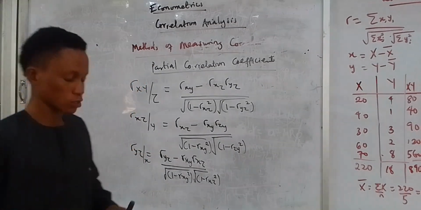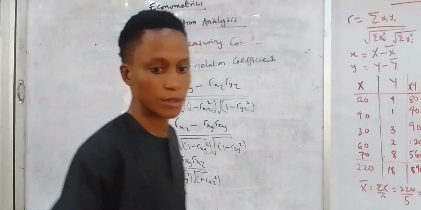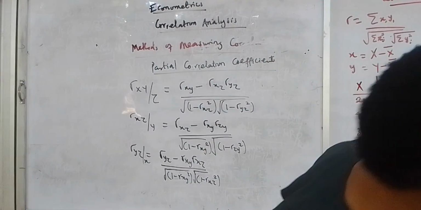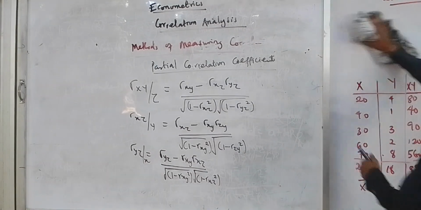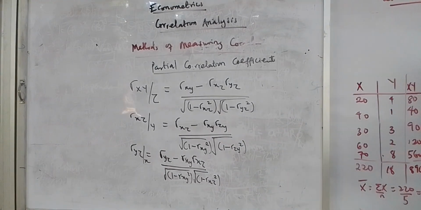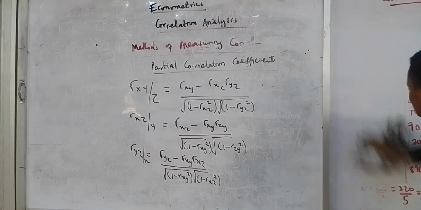So let's take a question and see how we obtain the correlation that exists between two variables holding the other constant.